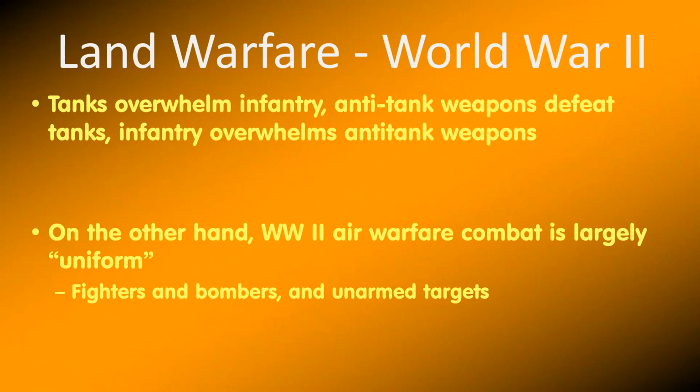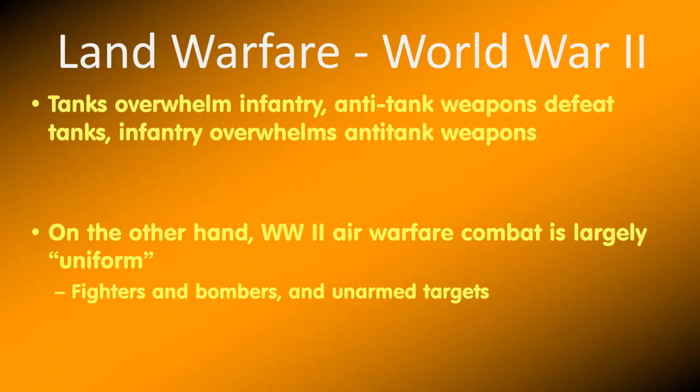Land warfare, World War II. Tanks overwhelm infantry. Anti-tank weapons defeat tanks. Infantry overwhelms anti-tank units. So tanks unaccompanied by infantry are quite vulnerable to anti-tank weapons, especially as bazookas and the like are invented that infantry can use.